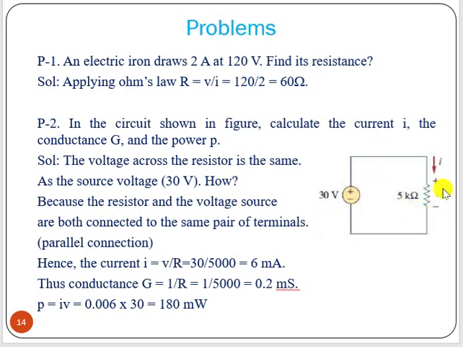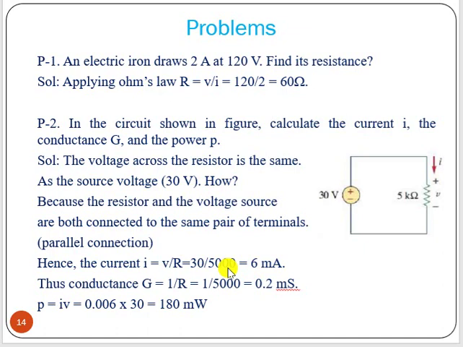In parallel circuit voltage are same. So now I will be equal to what? This V is equal to 30 volt. So I equal to V by R. If you calculate, 6 milliampere. Why milliampere? This is 5 kilo ohm, kilo in denominator.